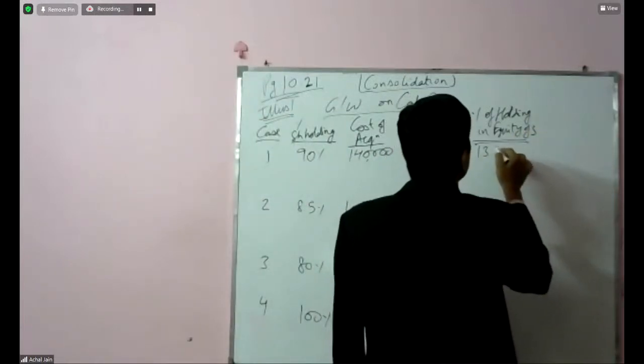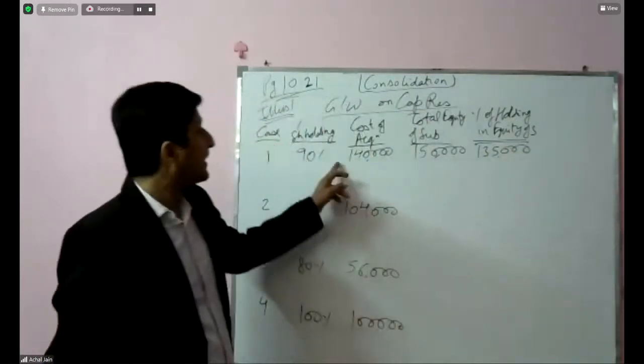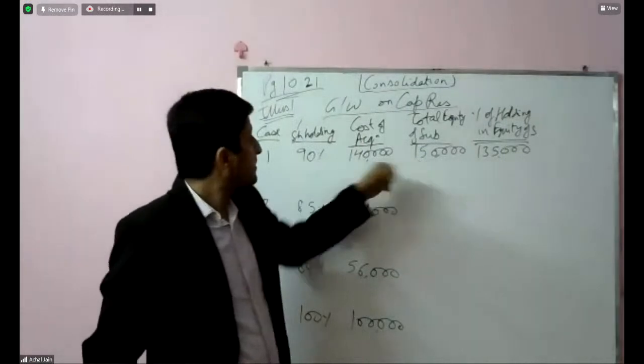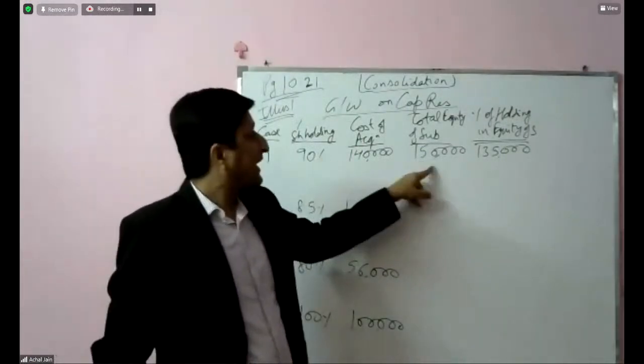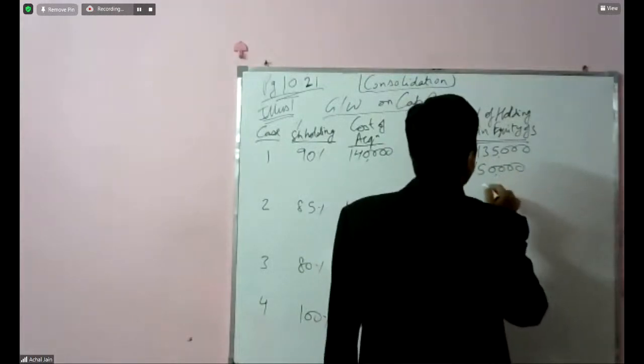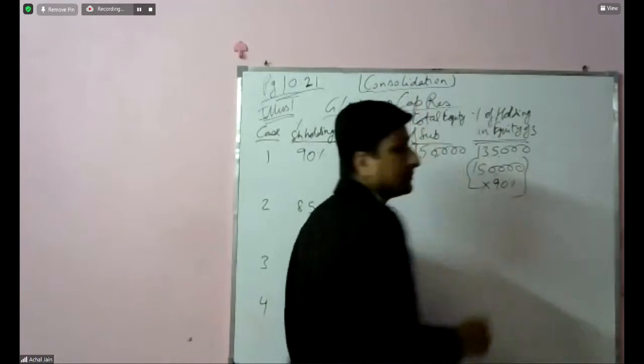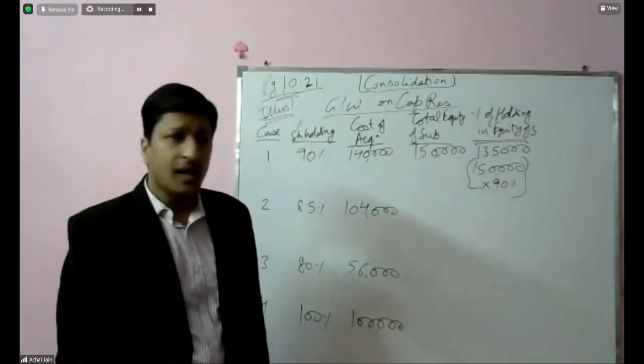So this becomes 1,35,000. How do we get 1,35,000? This into this percentage: 1,50,000 into 90%. Clear? Yeah.